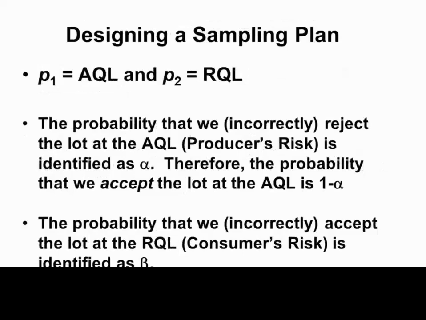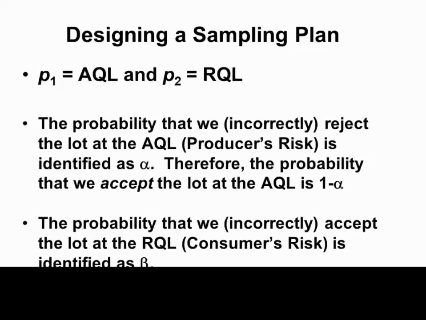All right, so let's finish this off here. I'm going to show you how to set up the calculation of how we would get the sample size and criteria so that we're controlling risks at the AQL and RQL. Just to make the equations look a little easier, I don't want three letters, I just want a P with a subscript.